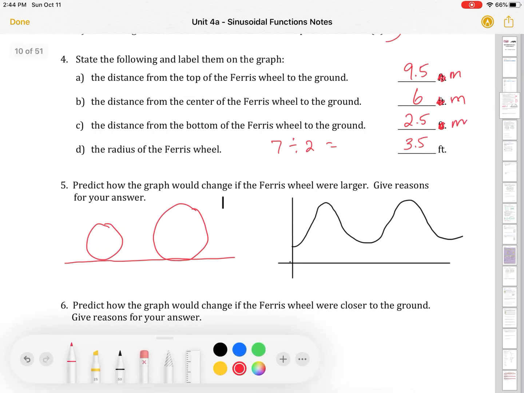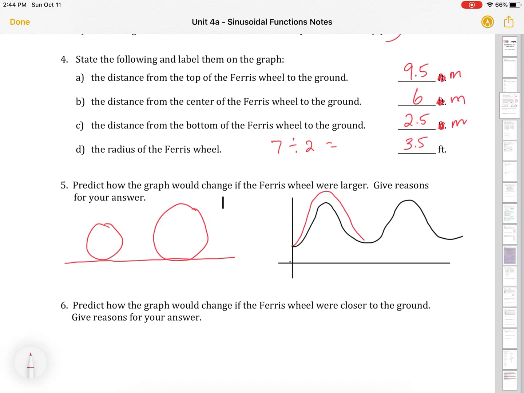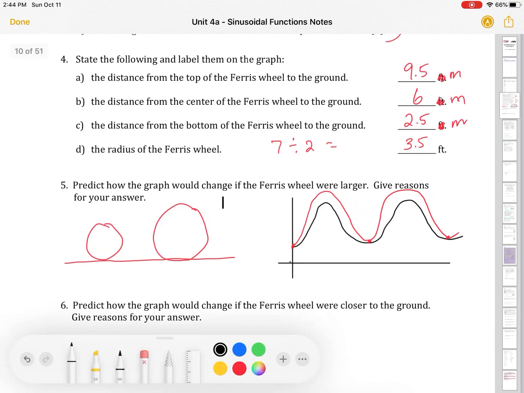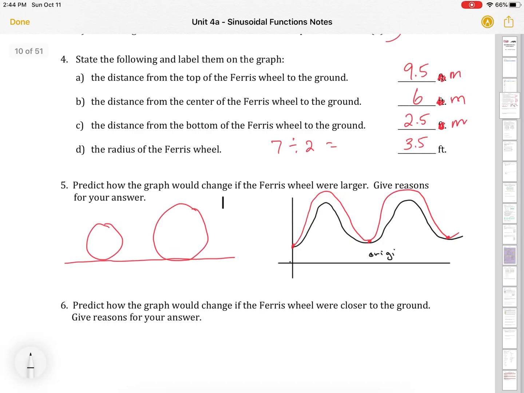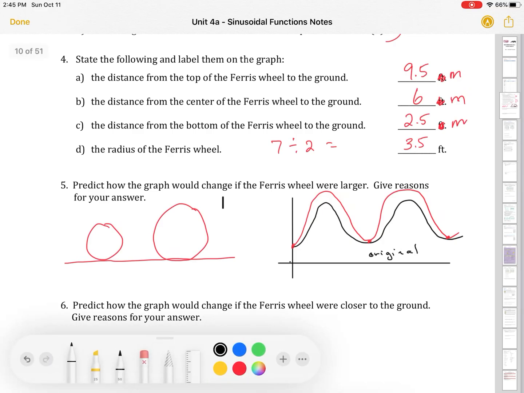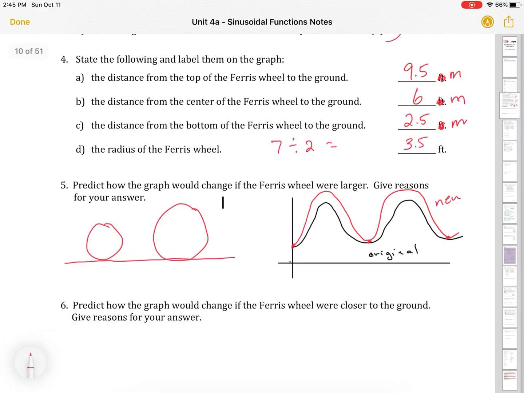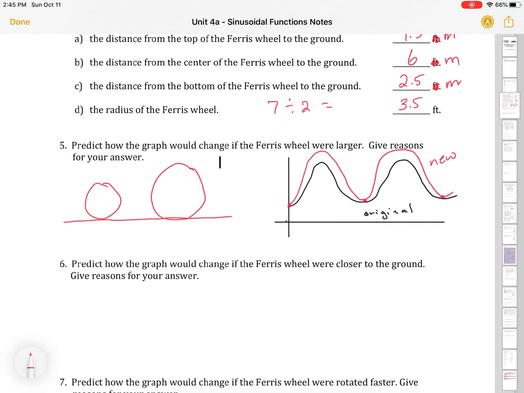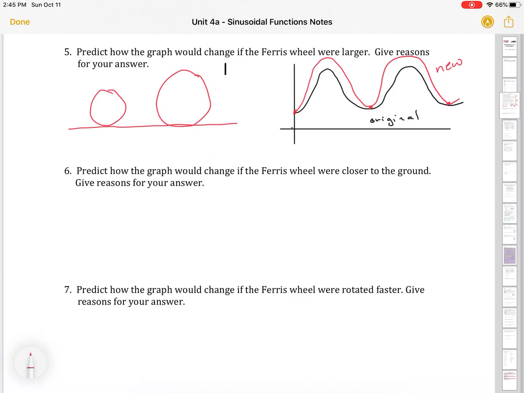If it were larger, that would mean that it would start at the same height, but it would go higher and then down, and then higher and then down, because the top height would be higher, but it still would be the same height at the bottom, right? So the black is the original, and the red is the new, okay? So if it were higher, we would just have a higher curve in our sketch.